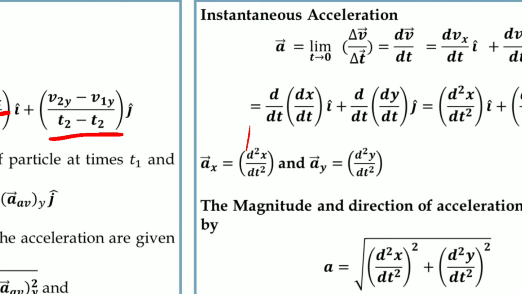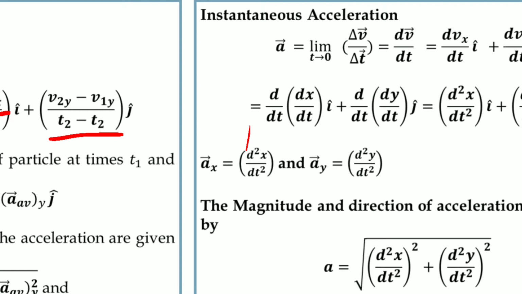You can write this in terms of the derivative, dv bar divided by dt. As we are considering two dimensional motion, we have two velocity components, along the x axis and along the y axis, which will be dvx divided by dt i cap plus dvy divided by dt j cap.